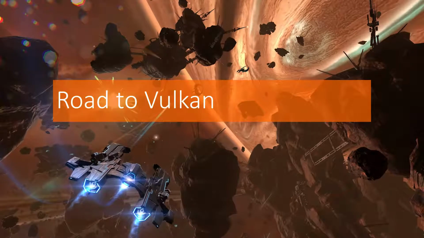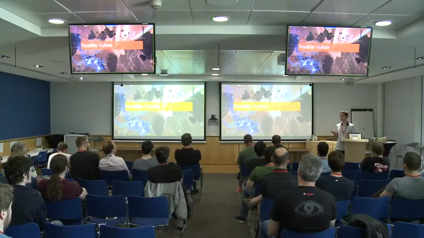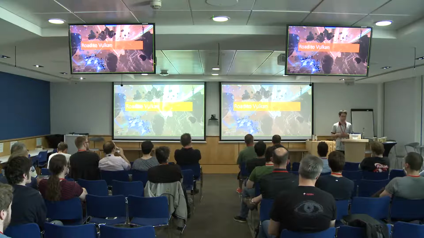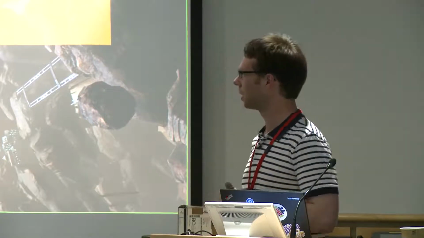I'm going to talk about basically two things. First, I'm going to get into some details on our implementation of our Vulkan renderer. Then in the second part, I'm going to talk about what we learned along the way, all the different problems we had, and what might help you when you try to get your Vulkan renderer running on Android.